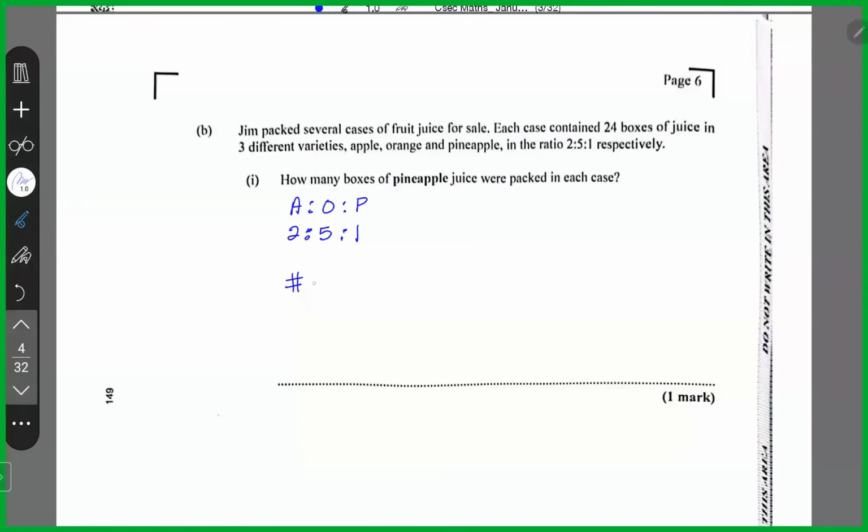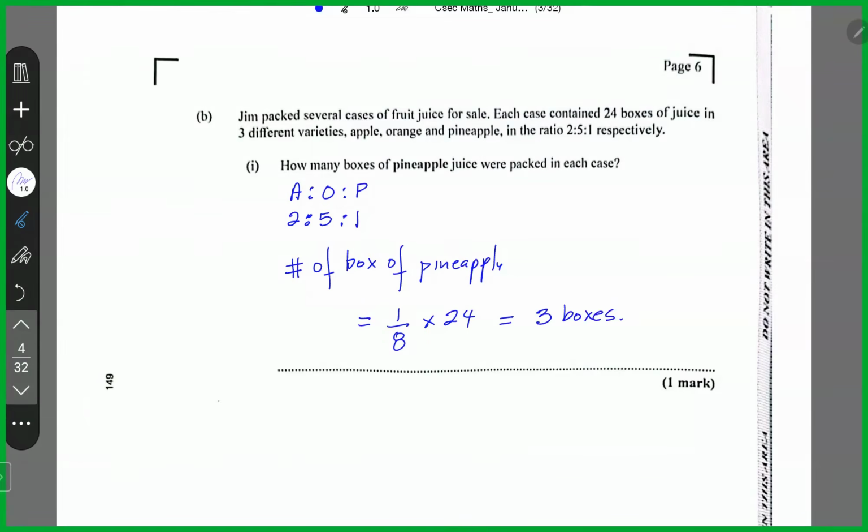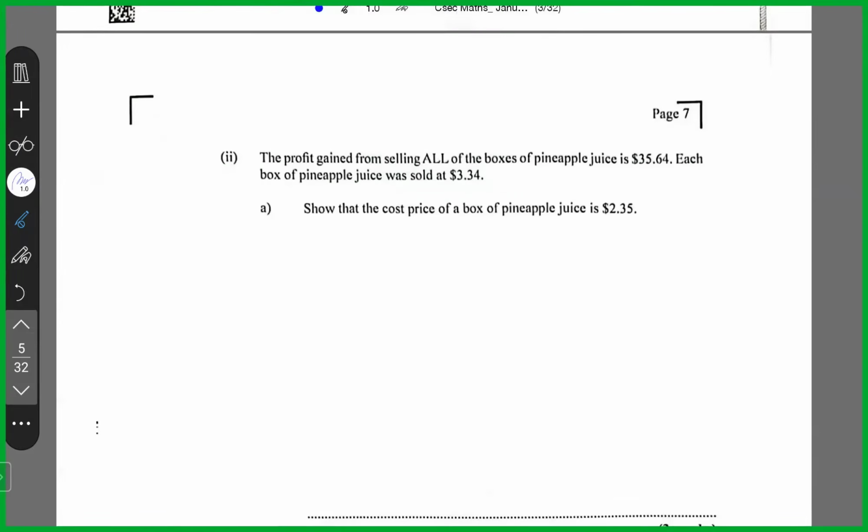So the number of boxes of pineapple is 1 out of 8. 2 plus 5 plus 1 is 8, of 24. So this would be 3 boxes. So there are 3 boxes of pineapple in each case. In each case of 24, there are 3 boxes of pineapple.